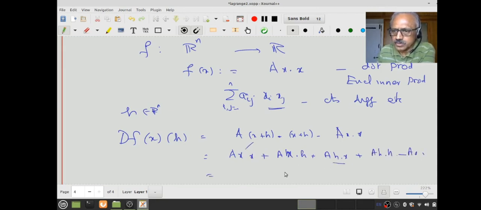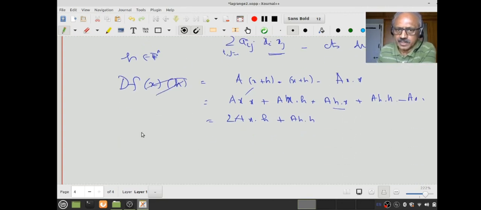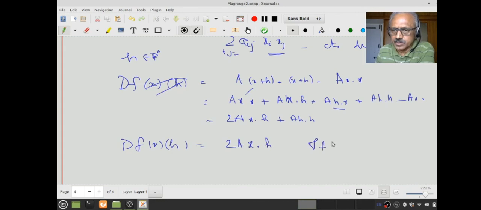So using symmetry, this is the same as 2Ax dot h plus Ah dot h. So this suggests my derivative dfx acting on h is 2Ax dot h. All these things we proved. Therefore, what is the gradient of this function?